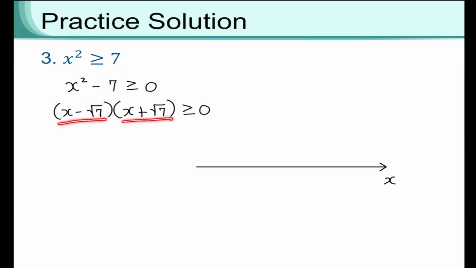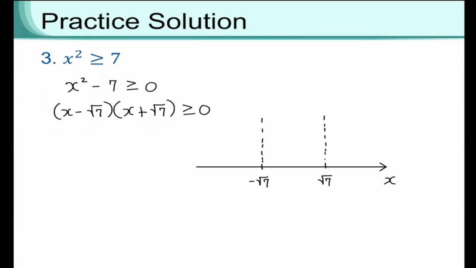So the values of x that will make the left-hand side 0 are the following. We have negative square root of 7, so we have to exclude this. And then we have positive square root of 7. We have to exclude that one. Okay.